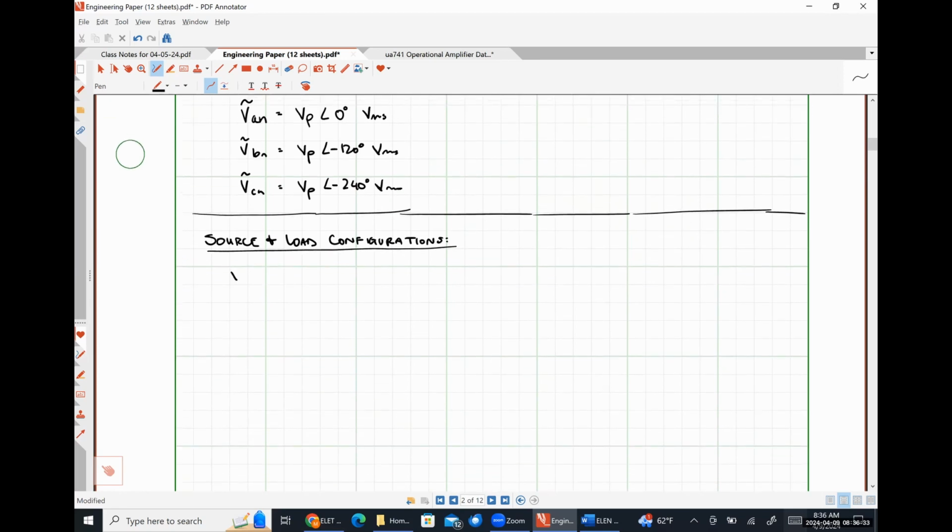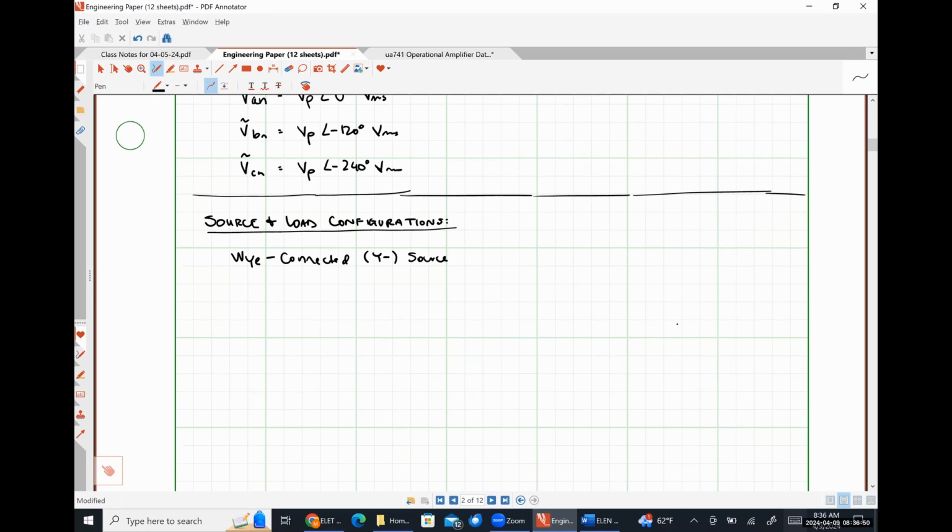So let's first talk about a Y connected source. We usually see this as just the letter Y, but sometimes you might see it spelled out as WYE. I'm going to draw this in 2 ways. One is the way that you will see in the overwhelming majority of textbooks, and I absolutely hate it.